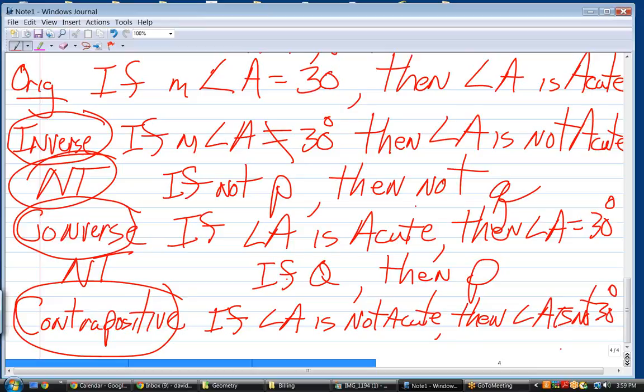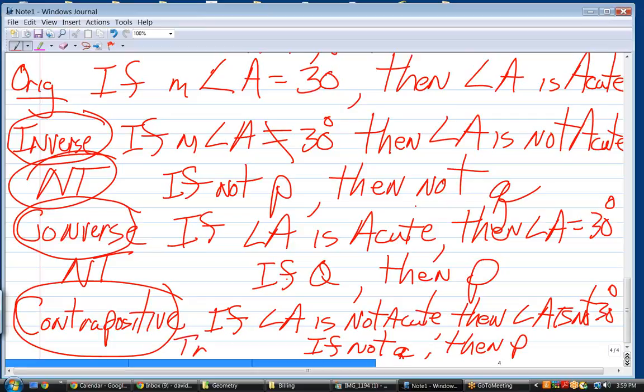Is that true? Yes. And that is if not Q, then not P. And the contrapositive is always true.